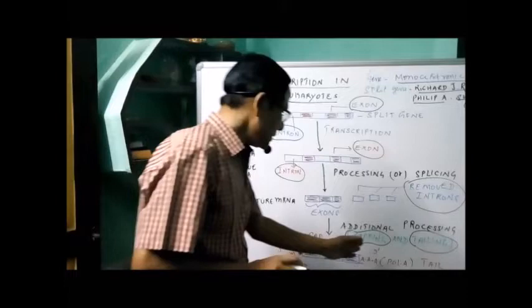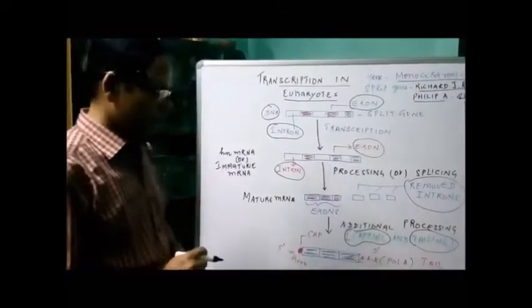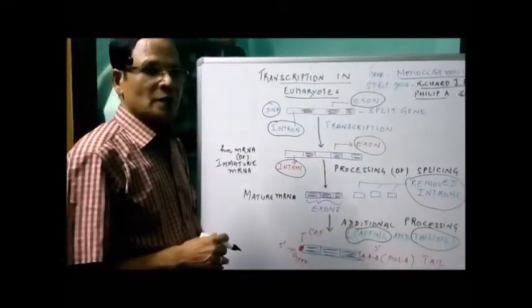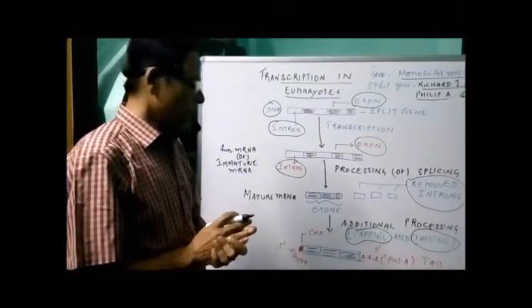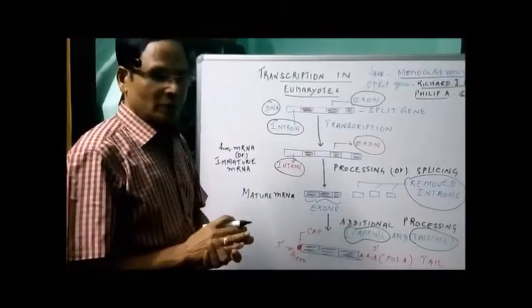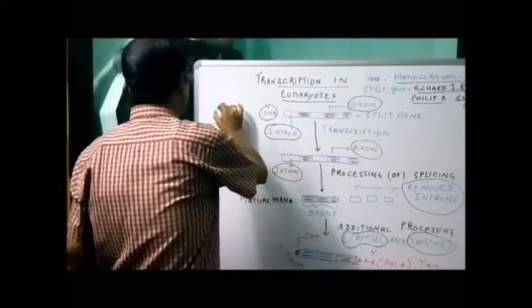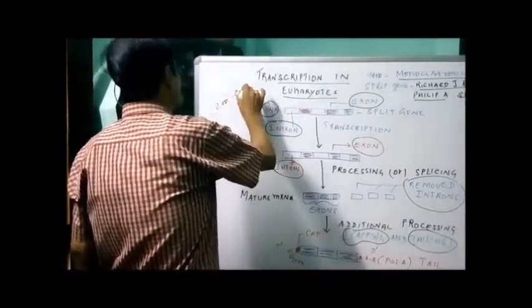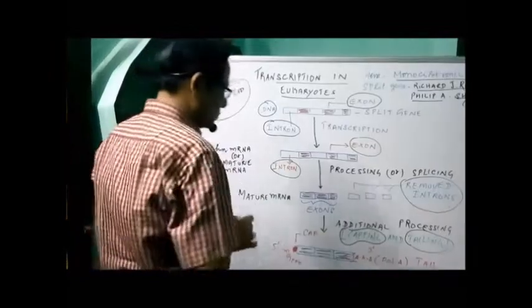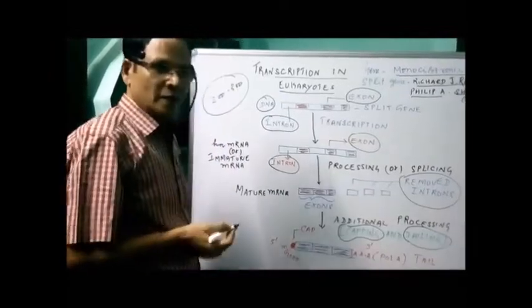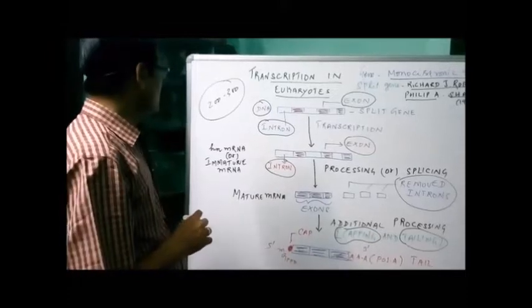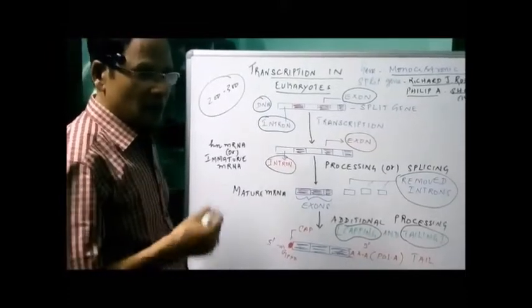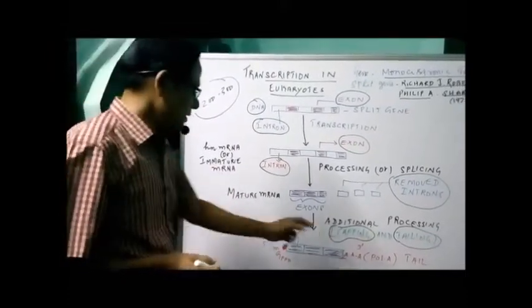Then at the 3' end, that is called the tail region, there is addition of adenine nucleotides. Nearly 200 to 300 adenosine nucleotides are added at the tail end.